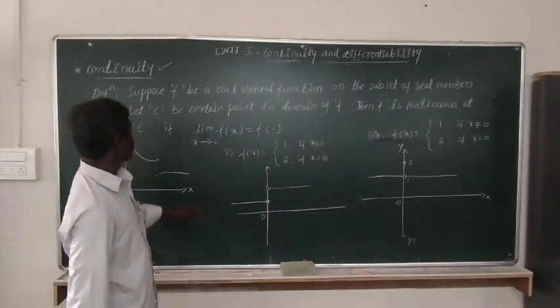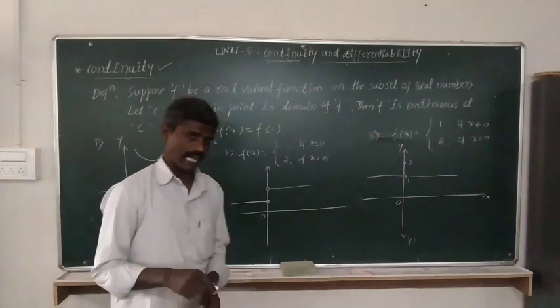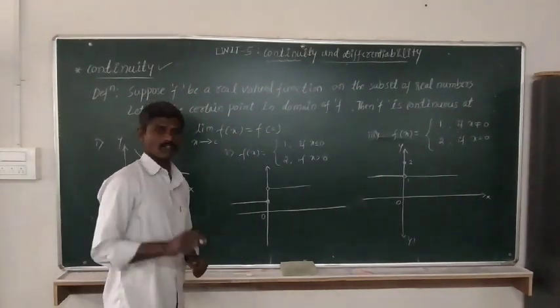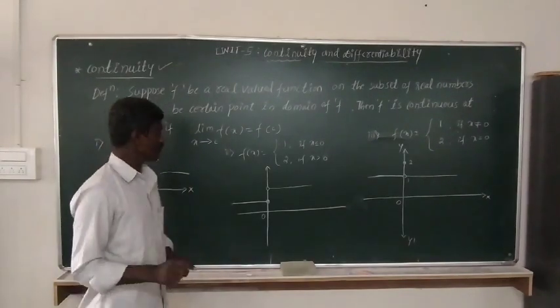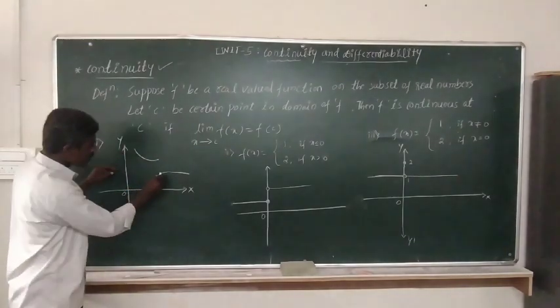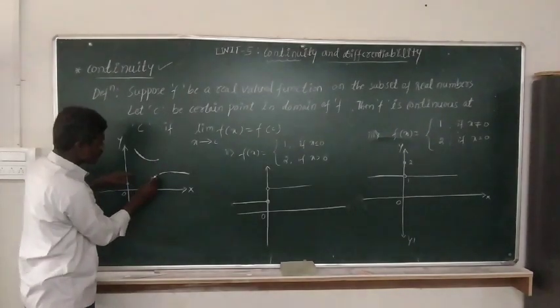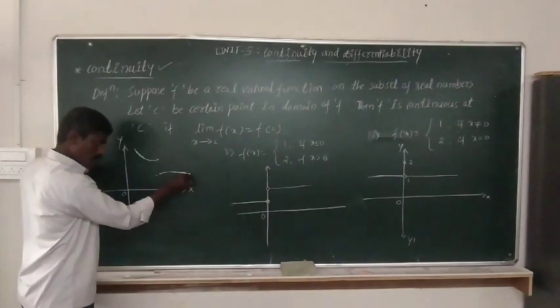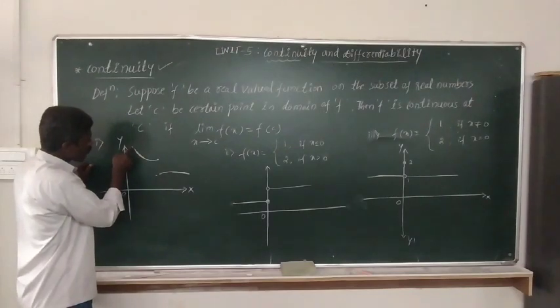Dear students, after discussing continuous functions, I am going to explain some discontinuous functions. When do we say that functions are discontinuous? For example, take the first example. Observe this graph. Here one graph is going towards like this, and another graph is going towards like this.